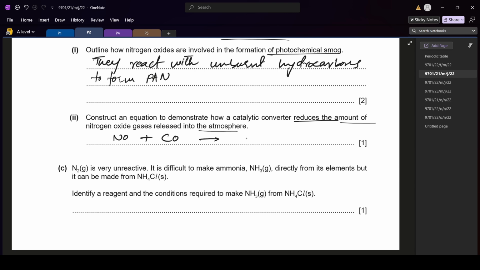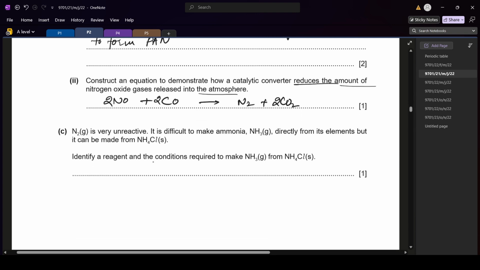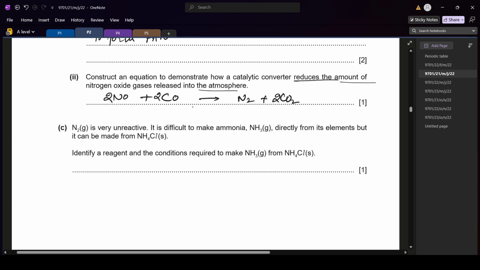So this reduces nitrogen oxides to nitrogen and forms carbon dioxide. So it's going to be like this. It is necessary to balance any equation. So this also has marks sometimes.